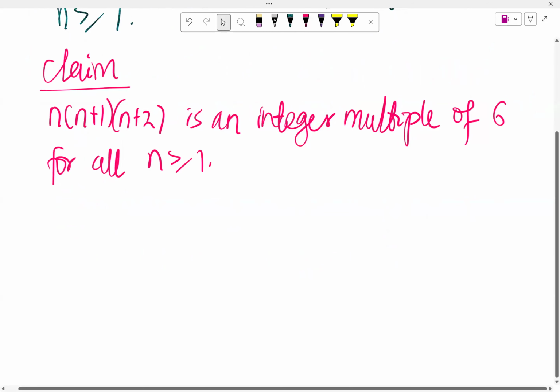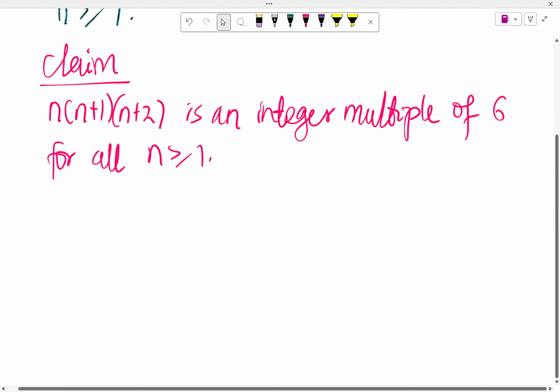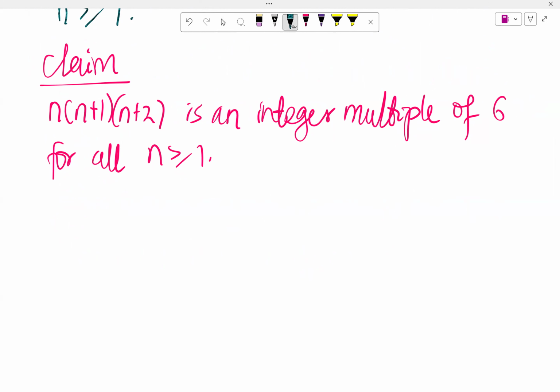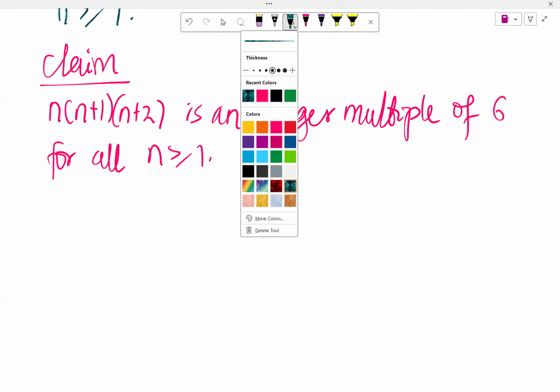So that's the claim. So the next thing to do is to think about the base step. The base step is where we test values like 1, 2, and all that. So let's do that here.